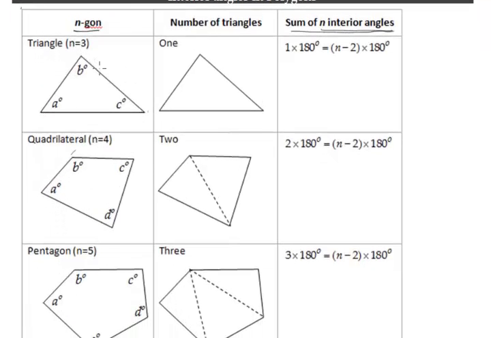For a triangle, when n is 3, that is, the number of arms is 3, there is only one triangle here, and we know the sum of the 3 angles of a triangle is 180 degrees. So the sum of all interior angles is 180 degrees when n is 3. When n is 4, that is for a quadrilateral, there are 2 triangles.